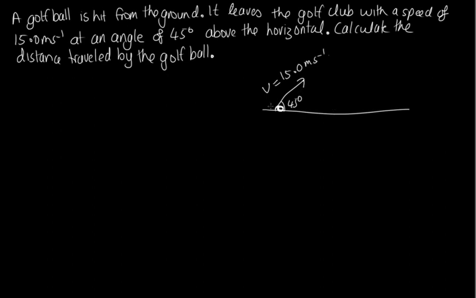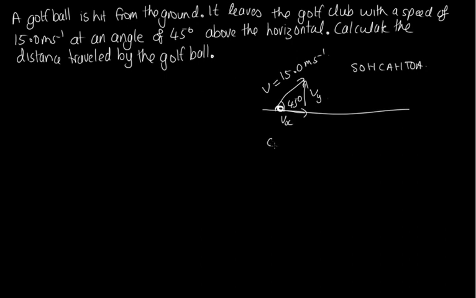A good place to start is by working out the initial vertical and horizontal components of the velocity. We can split this velocity into a horizontal component here and a vertical component here. To work out Vx, we have SOHCAHTOA. Vx is the adjacent side, and we know the hypotenuse.